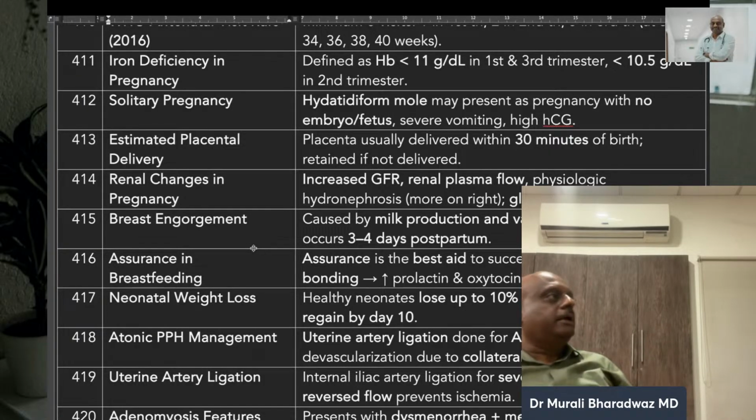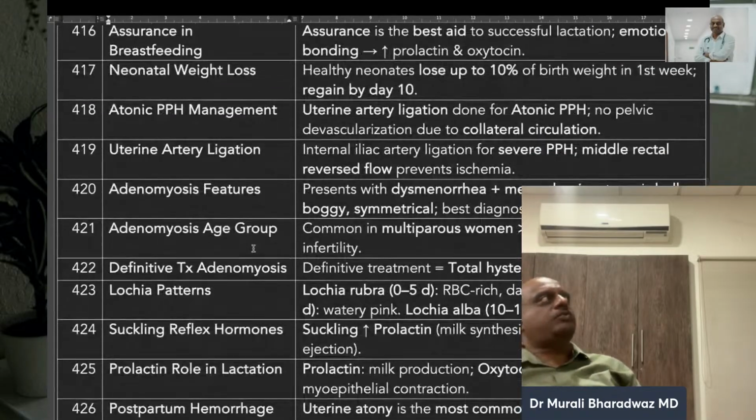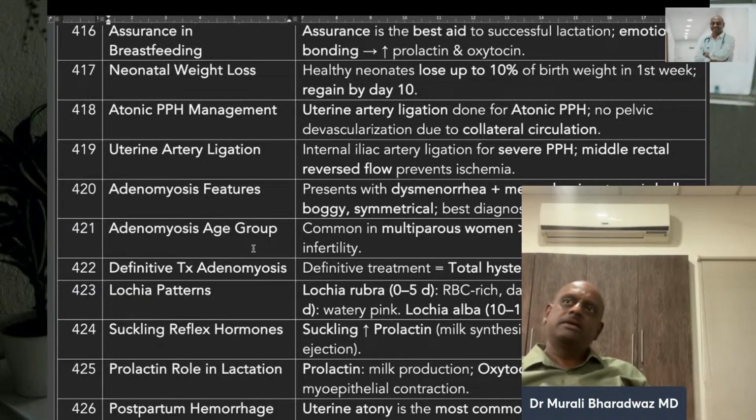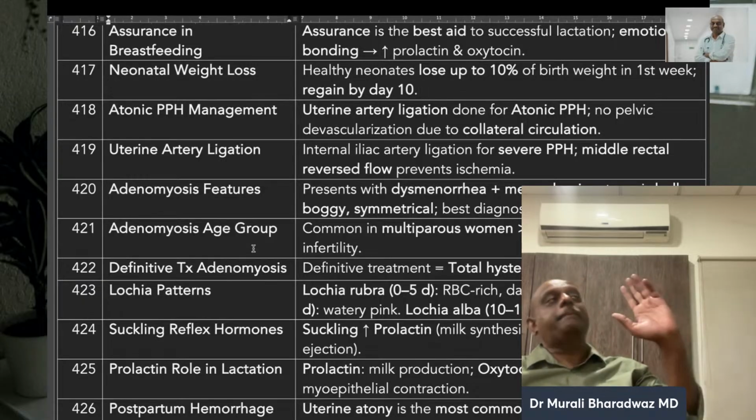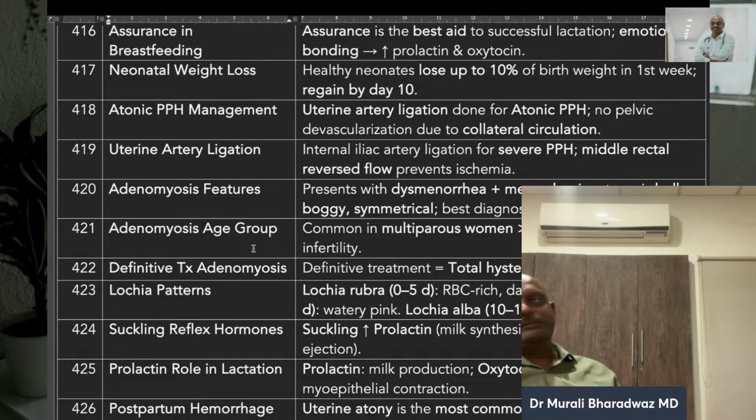Okay? Now, if there is an atonic PPH, what will you do? Uterine artery ligation. What is the most common cause of postpartum hemorrhage? It is uterine atony. So atonic PPH is treated with uterine artery ligation.